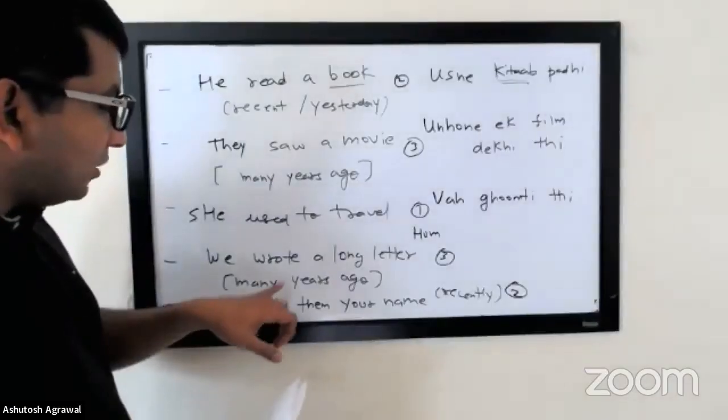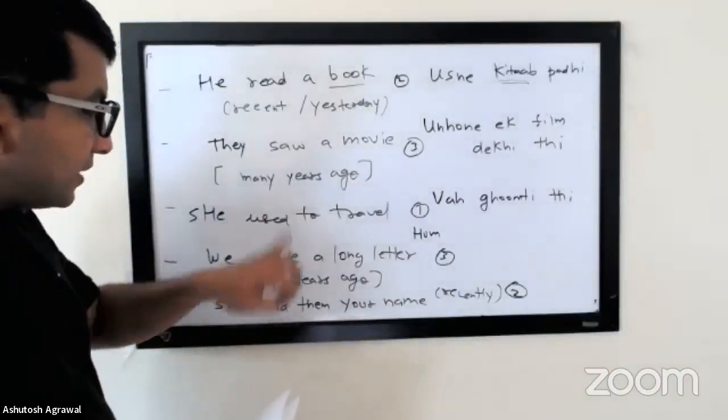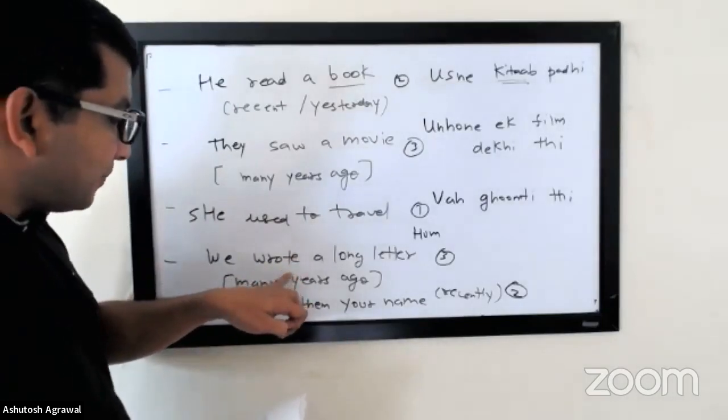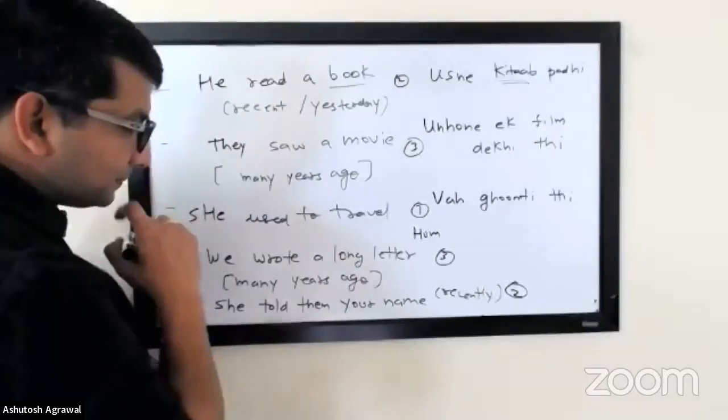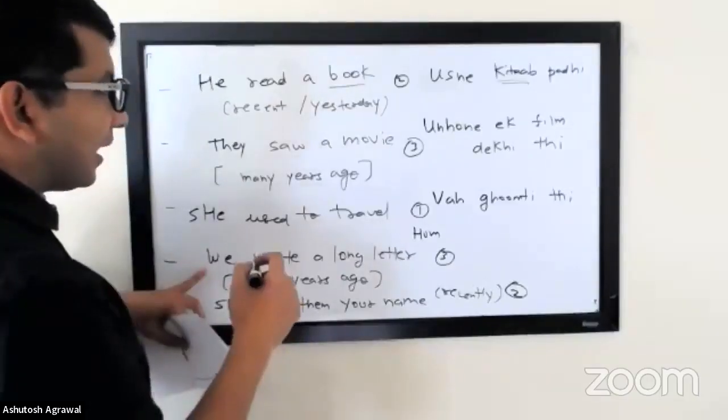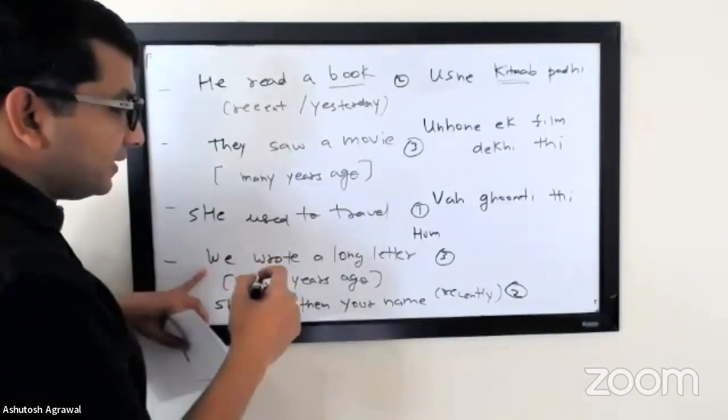Okay, so not a habitual thing, something that you had done in the past. It's a transitive verb, right? Likhna. So you would take off the na and add the a.